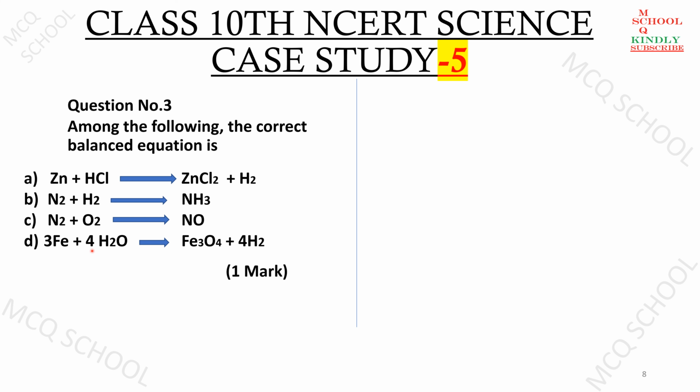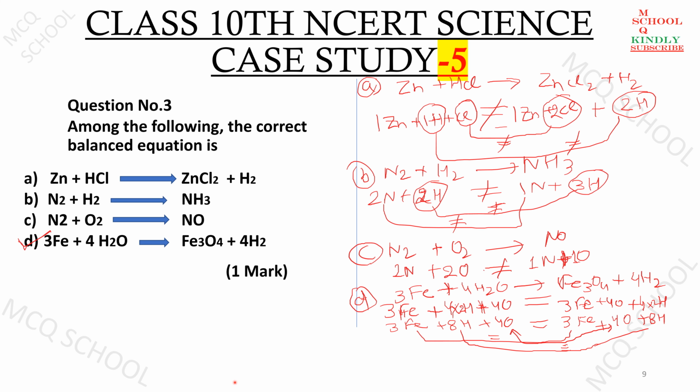Fourth option is iron plus water forms ferric oxide and hydrogen. So what is the answer as per you? Which is the balanced equation out of this? To understand, let us write the equation on the left and right side and find out the atoms on the left and right side, whether they are equal or not.